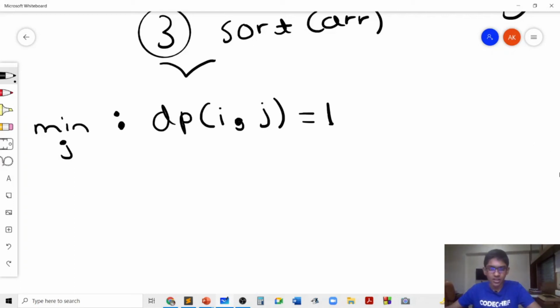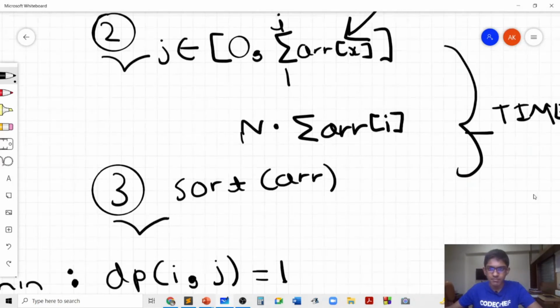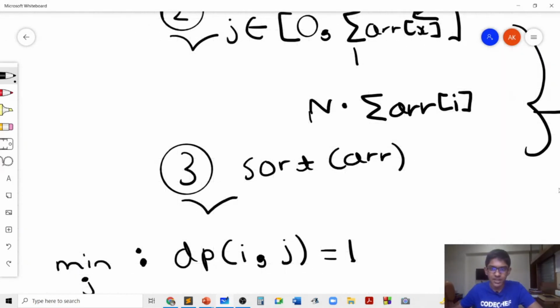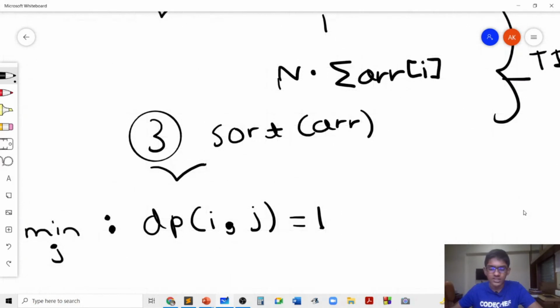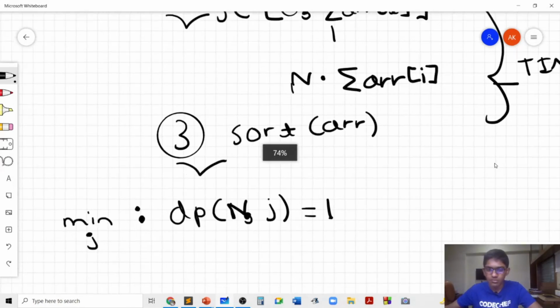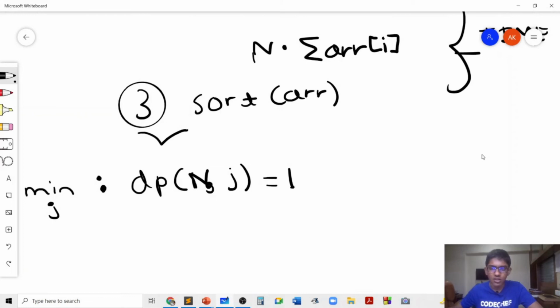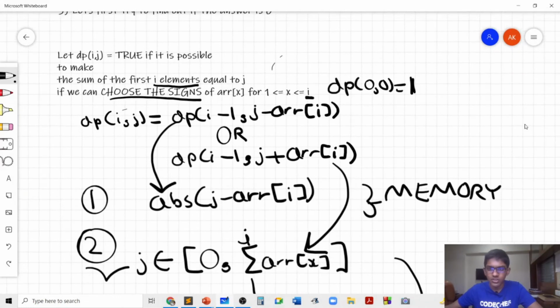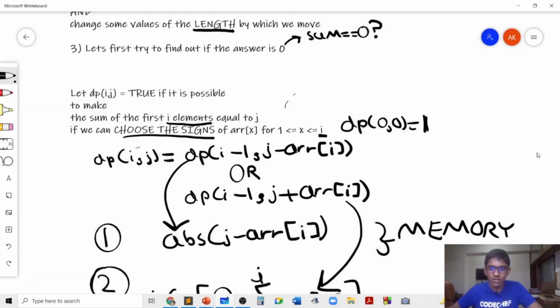Like that's it. So basically, let's say n is the size of the array, so dp[n][j] is the answer, because in the first case we know that the sum is 0 only if dp[n][0] is 1. So in that case the answer is 0.